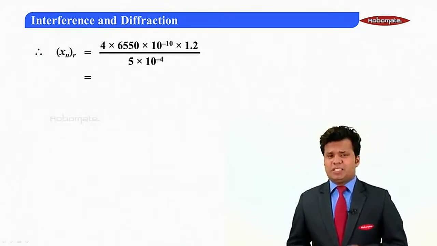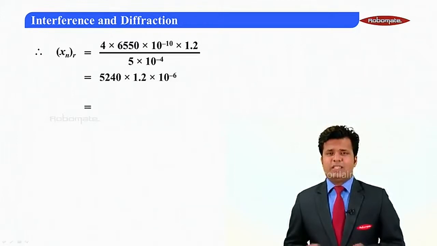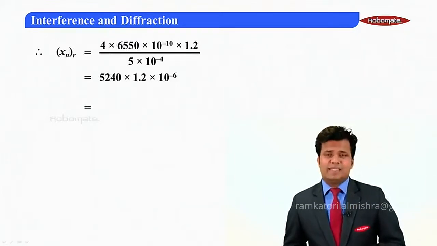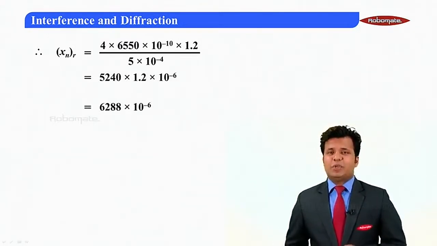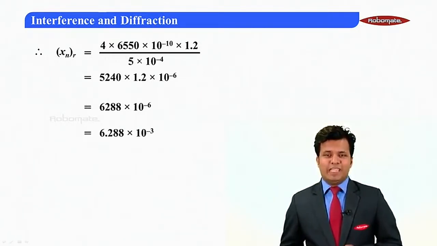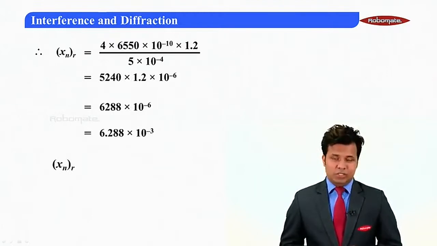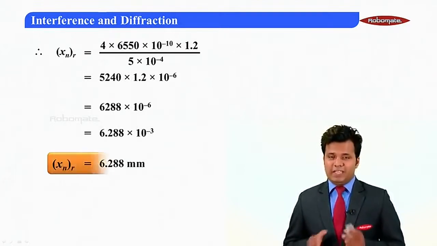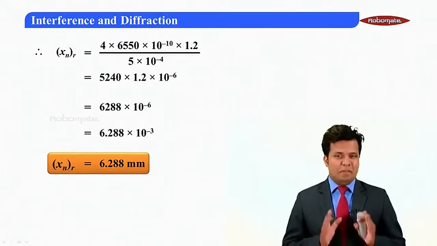I have substituted each and every value here, and the calculation is a bit simple in this case. Just by multiplying that, you're going to get xn of r equal to 6.288 into 10 raised to minus 3 meter. Now you can also write it as 6.288 mm.